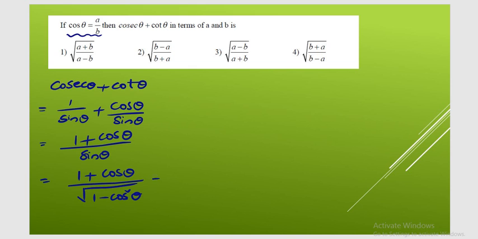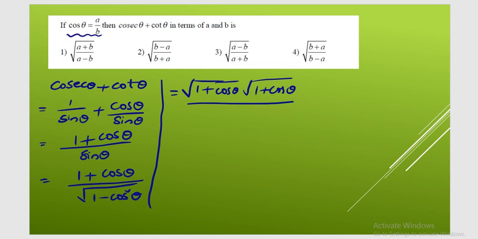So this numerator 1 plus cos theta I can write as square root of 1 plus cos theta into square root of 1 plus cos theta. If you multiply square root into square root, the square and root get cancelled, so again we are going to get 1 plus cos theta only. The same way, in the denominator we have 1 minus cos square theta. So this 1 minus cos square theta I can write as 1 square minus cos square.